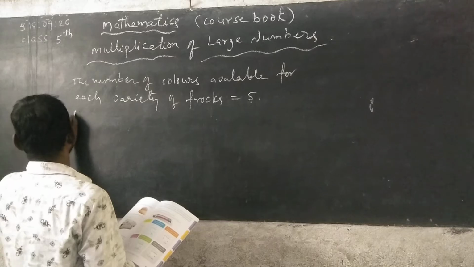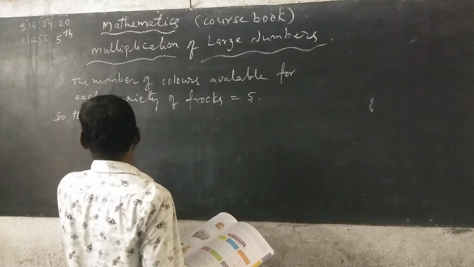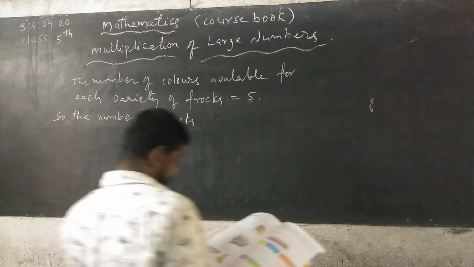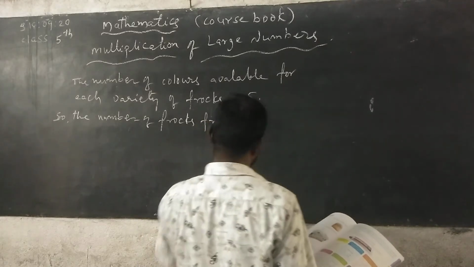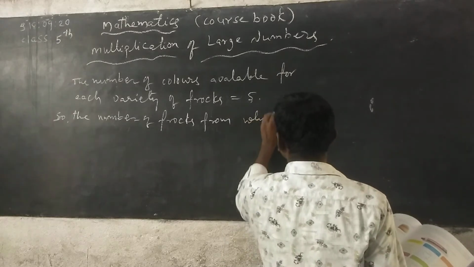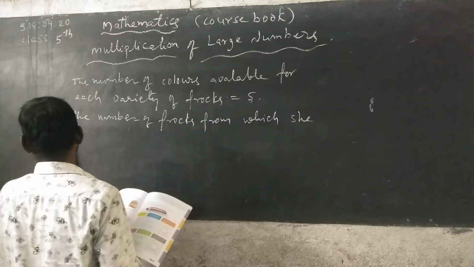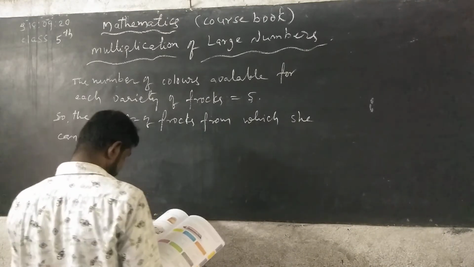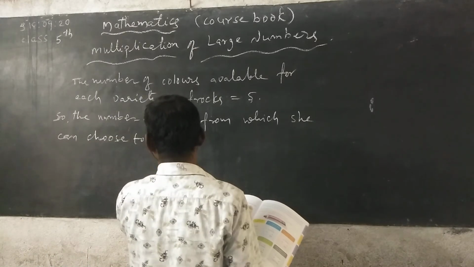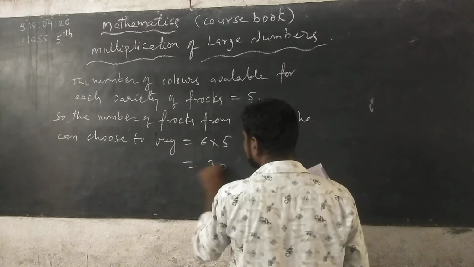So the number of frocks from which she can choose to buy is equal to 6 into 5, which is 30.